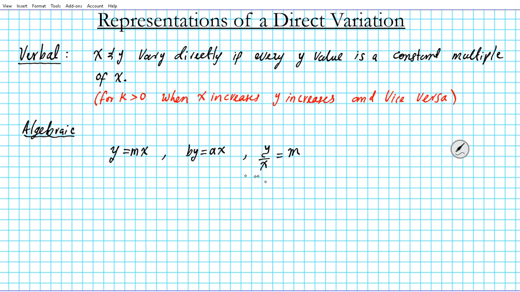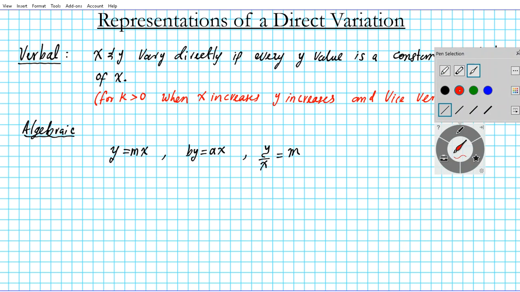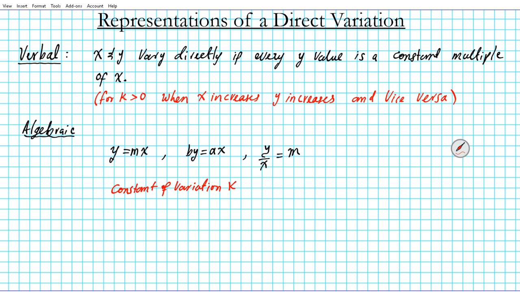These are the different ways that you can write a direct variation in algebraic form. And remember, if you want to find the constant of variation, which is k, that is simply determined by dividing y over x. So m, that slope, is your constant of variation.